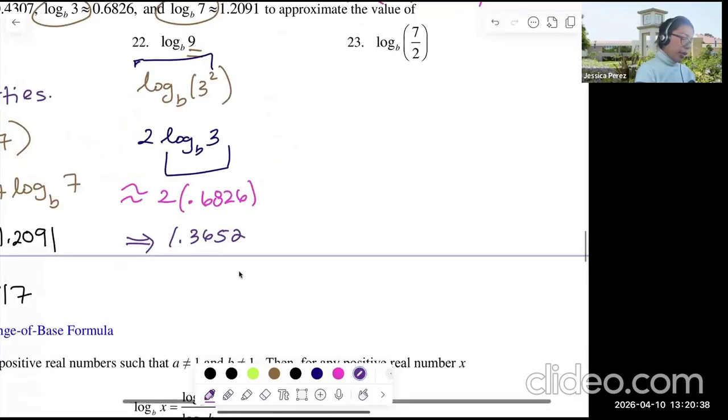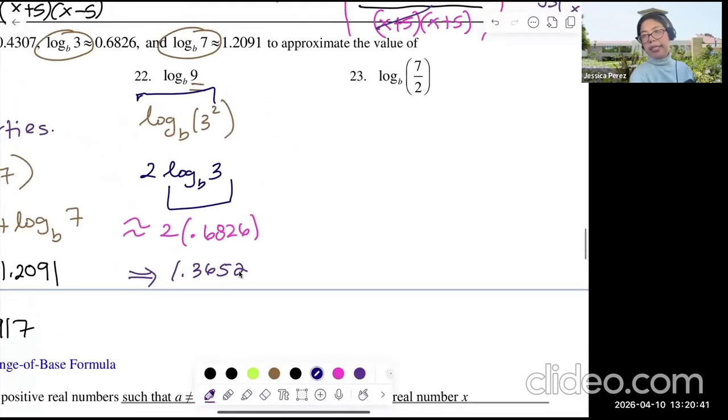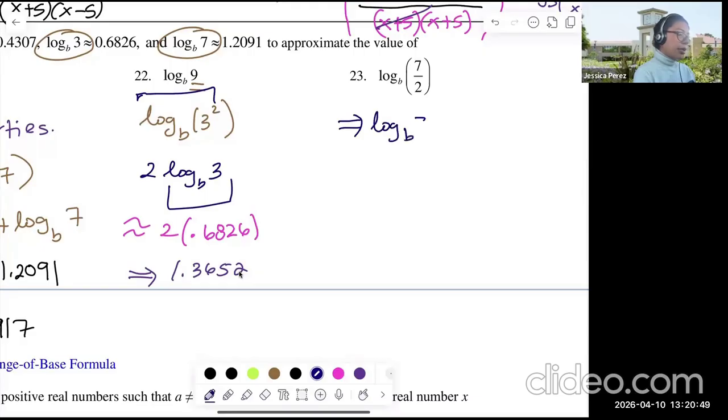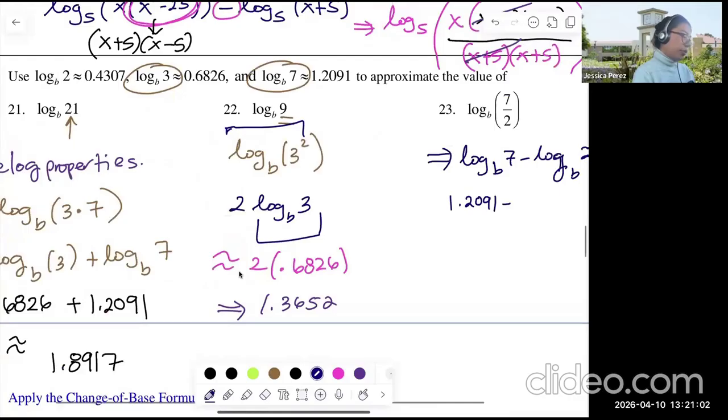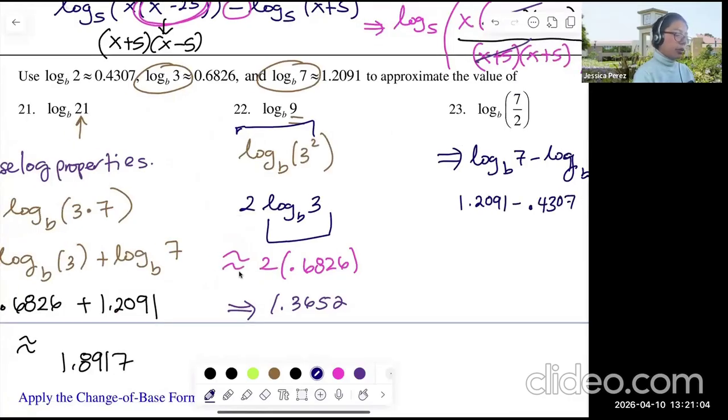And then here, we have a division between two logs. That means I'm going to use log properties and expand it to be log base b of 7 minus log base b of 2. But we know the approximations: 1.2091 minus log base b of 2, which is 0.4307.